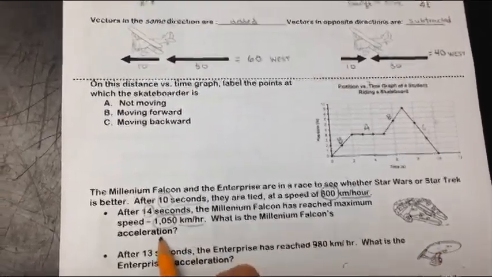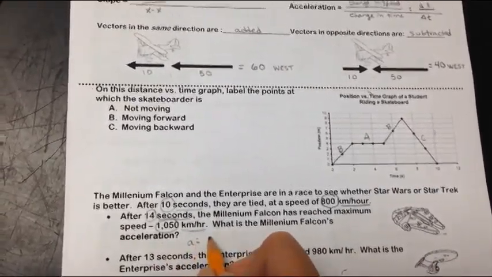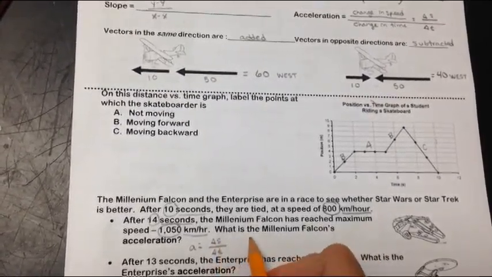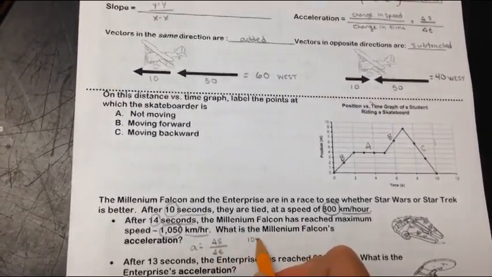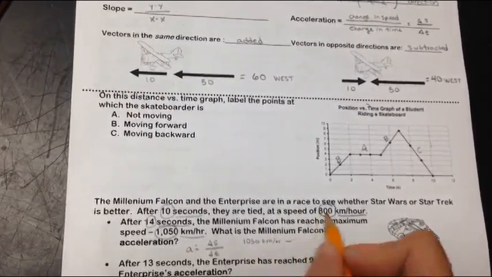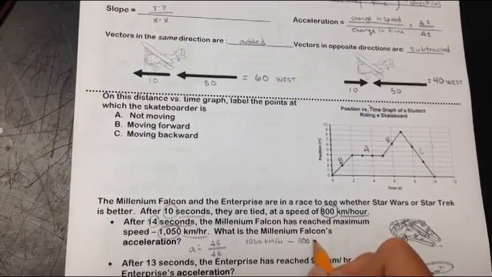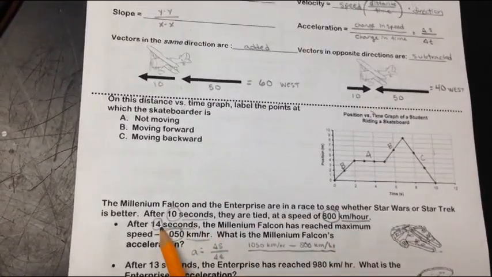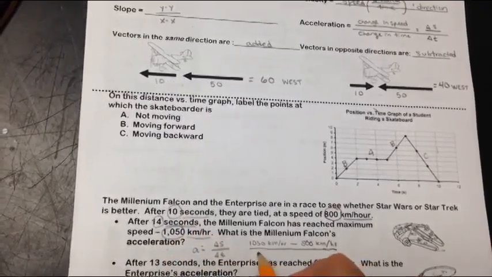So for the Millennium Falcon's acceleration, A equals change in speed over change in time. So my speed, I've got 1,050 kilometers per hour, and my other speed was 800 kilometers per hour. And my time, I have 14 seconds and 10 seconds.